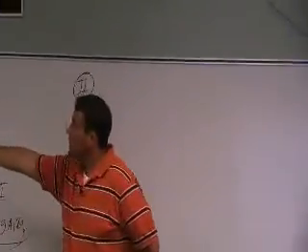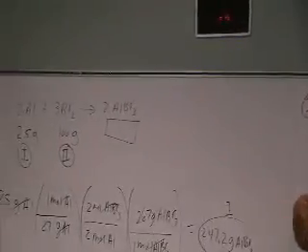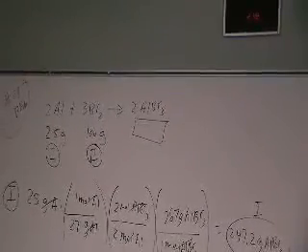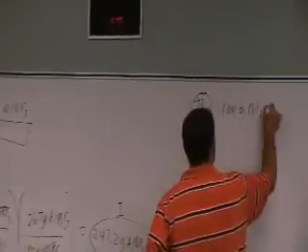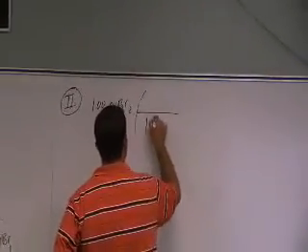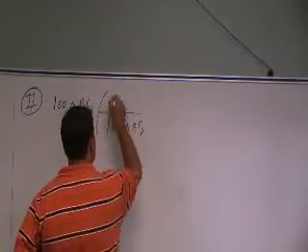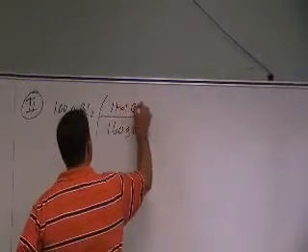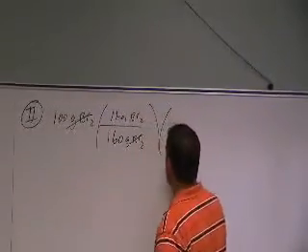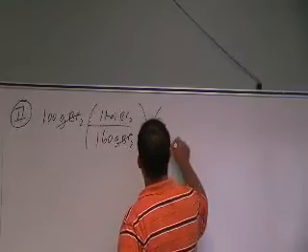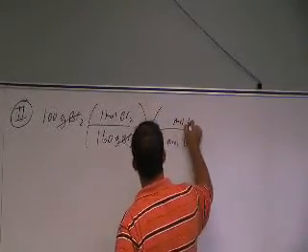This time we're starting with what? Bromine. So we're asking, well, what would happen if bromine was the limiting reagent? Okay, so we got 100 grams of Br2, 160 grams of Br2, because 80 and 80 is 160. 1 mole of Br2. This is going to be 3 moles of Br2 to how many moles of aluminum bromide?